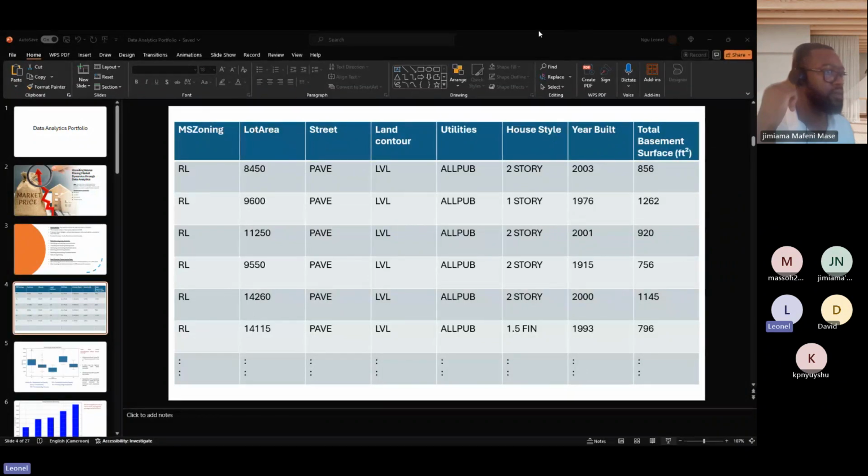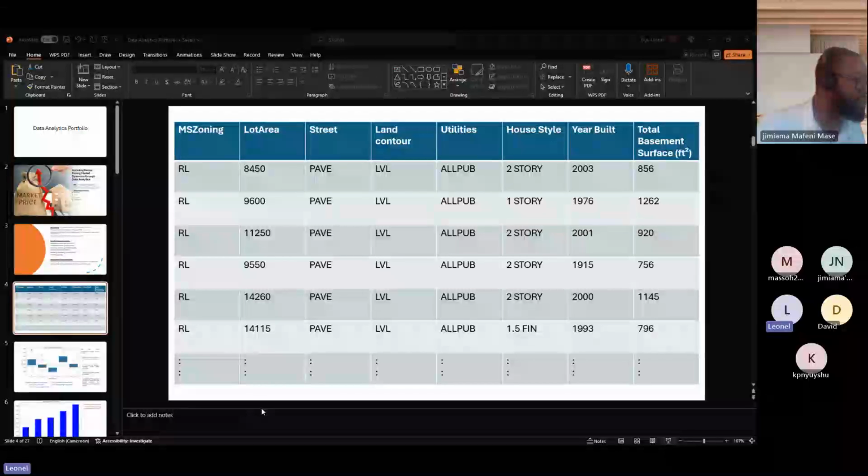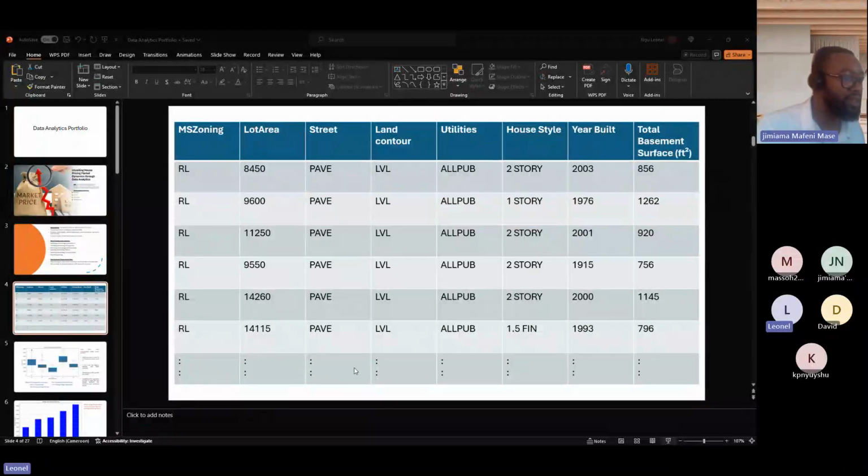Now, for the context of understanding, I make sure to give the definition of the abbreviations below the zonal classification, where RL is residential low density, CL is commercial, RH is residential high density, RM is residential medium density, and FV is floating village residential.